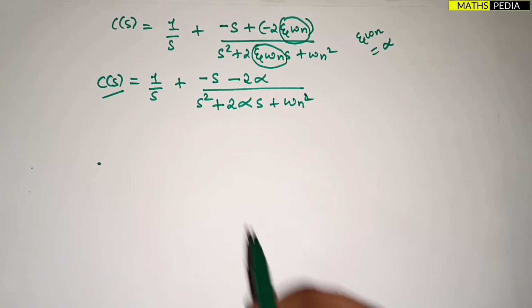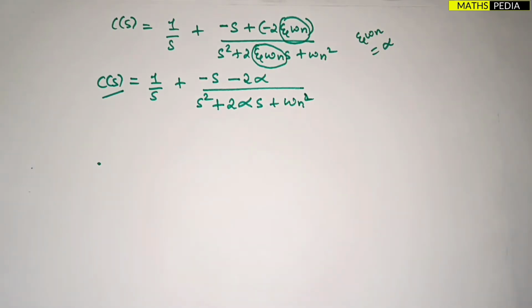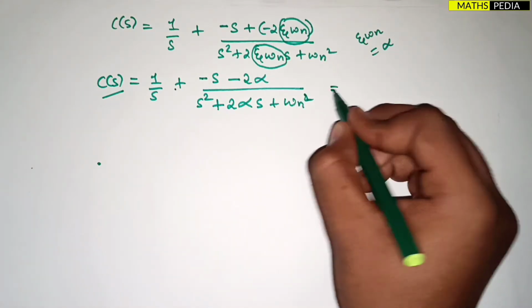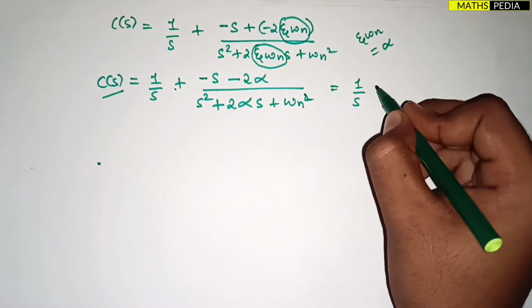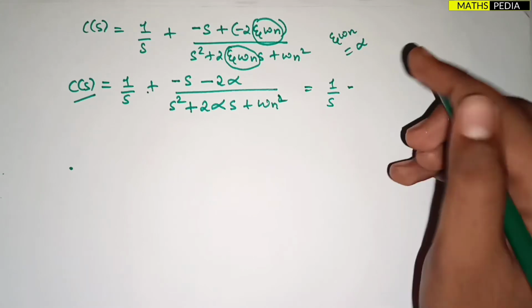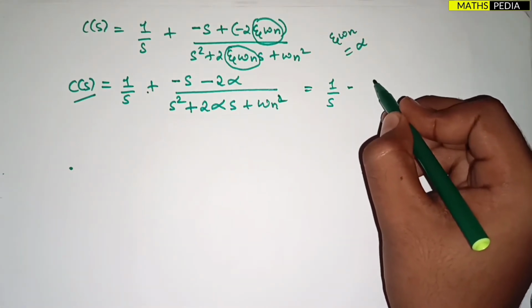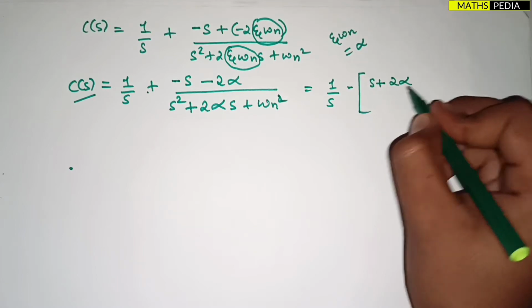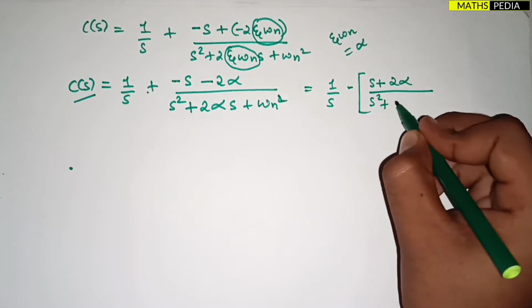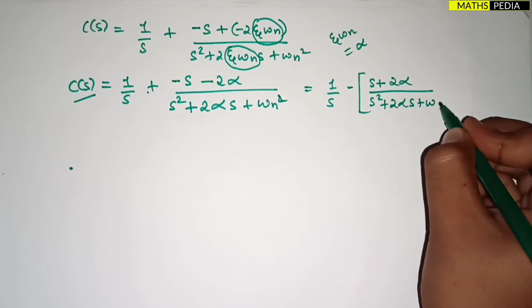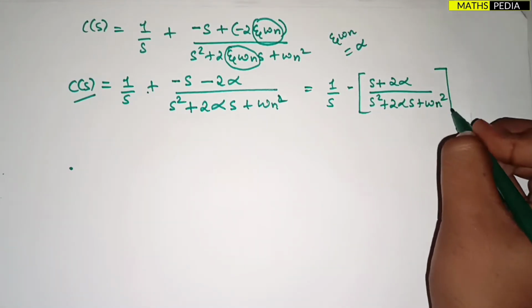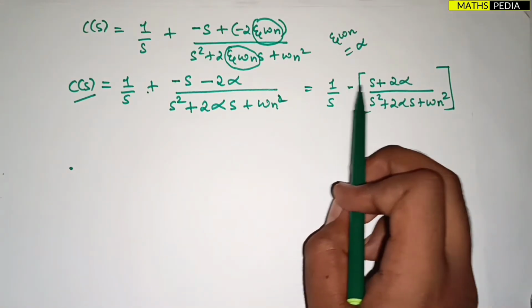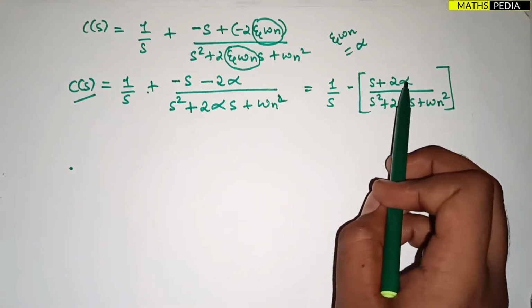Now the thing is that if I take minus outside, what will happen? 1 by s minus, I will take outside, s plus 2 alpha by s square plus 2 alpha s plus omega n square. Okay, so this will be the final thing. Minus I have taken outside, so this will become s plus 2 alpha.